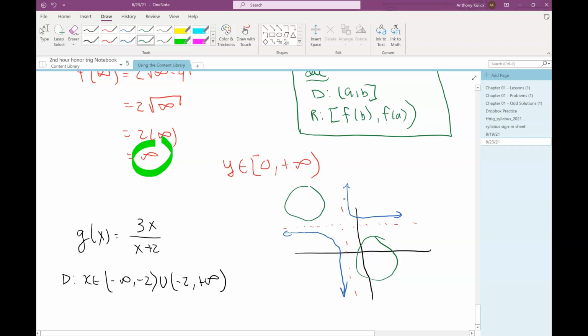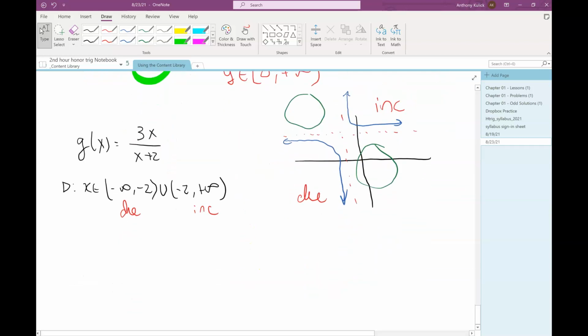Is everybody okay there? So the big takeaway here is that this piece is decreasing and this piece is increasing. That's the part that I care about. The rest of it was just to get an idea of where they were increasing or decreasing. Everybody's so far so good?